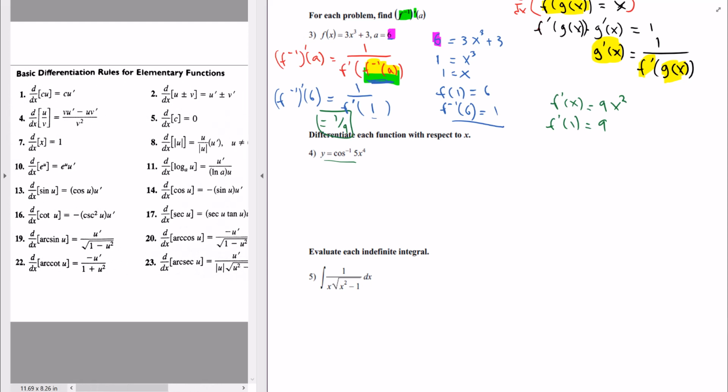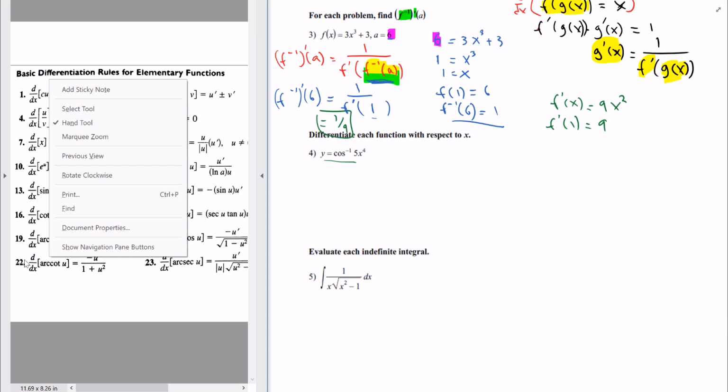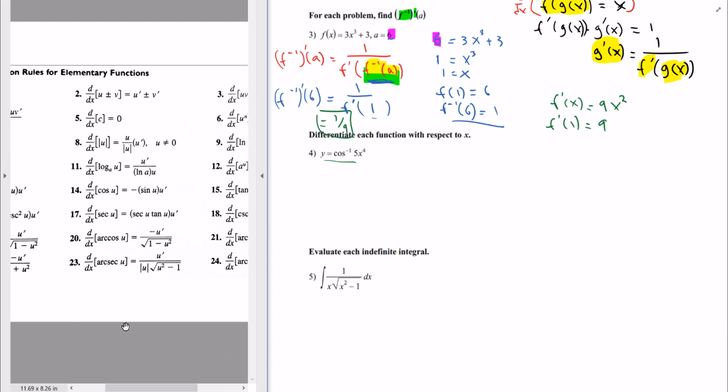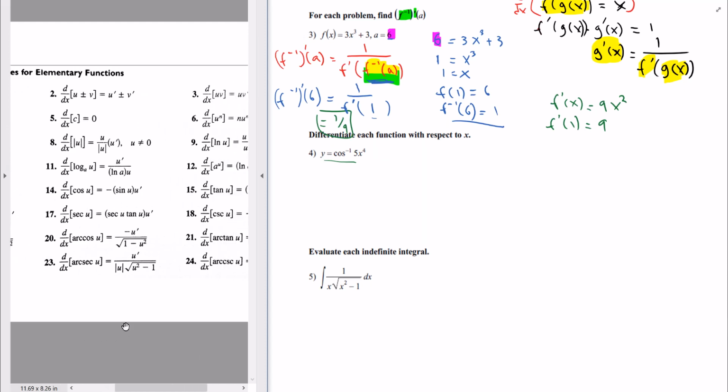So for cosine, if you see it on our sheet over here on the left, the derivative of arc cosine is negative u prime over the square root of 1 minus u squared, right? So in this case, our u is this inside thing. So it's just basically applying this formula. The derivative is going to be negative u prime. So u prime in this case is 20x to the third.